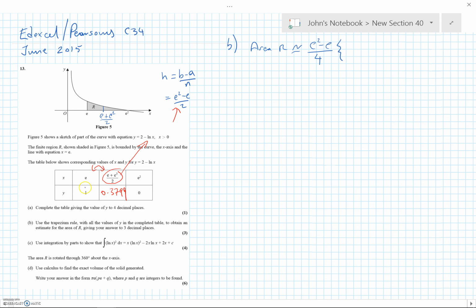The first ordinate, which is 1. The second ordinate, which is 0, plus that, plus 2 times, there's only one middle one here, that.